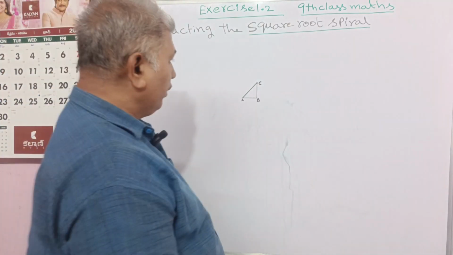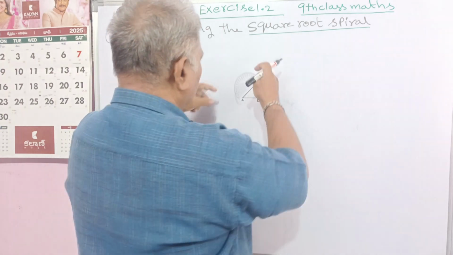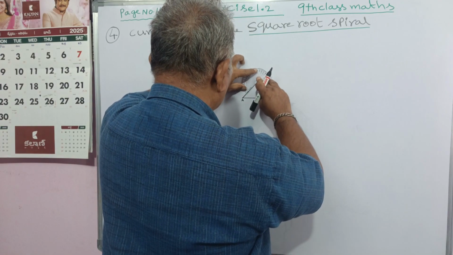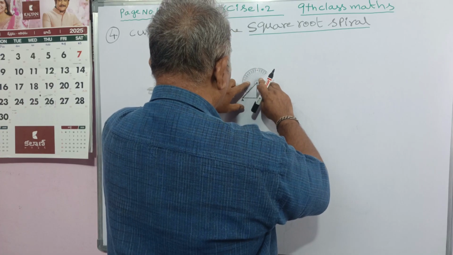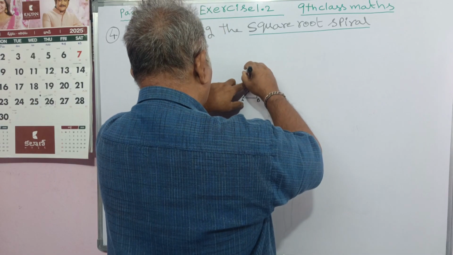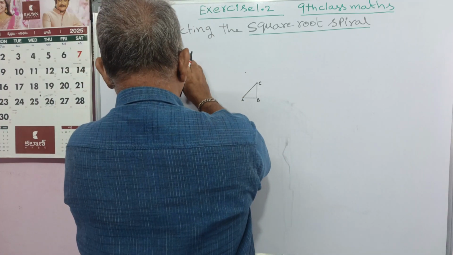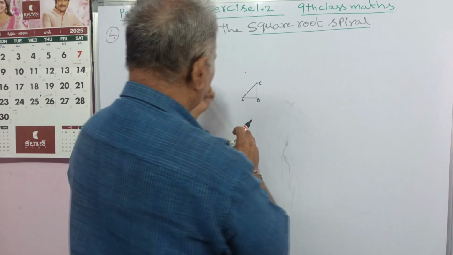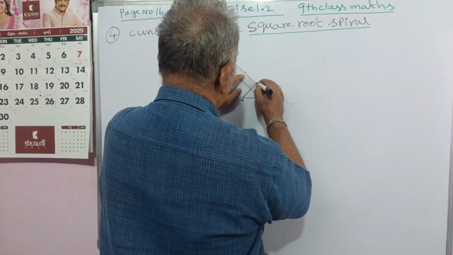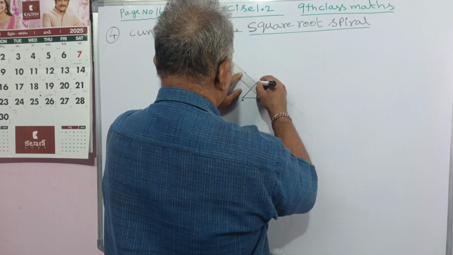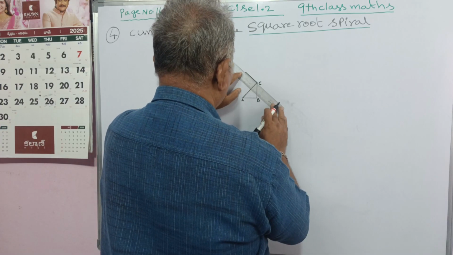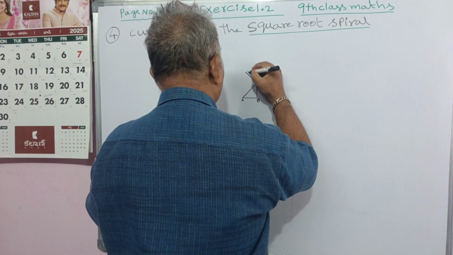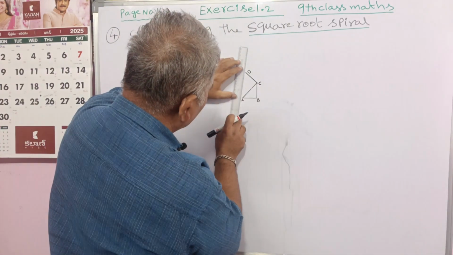Now draw a perpendicular line to AC. This point is D, and join AD.